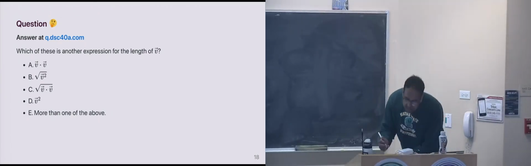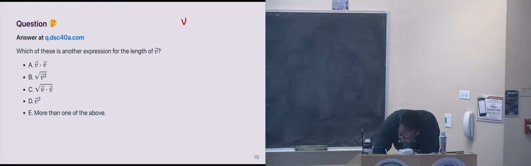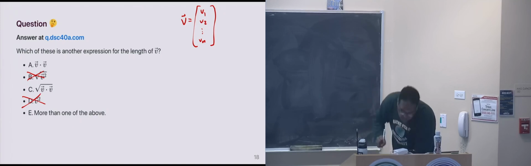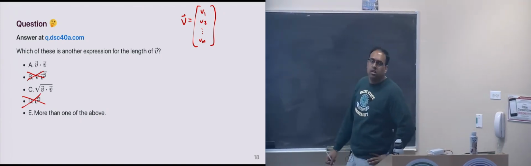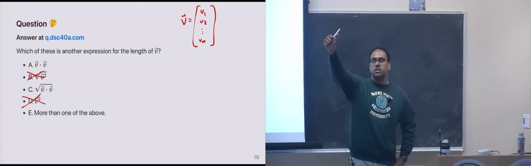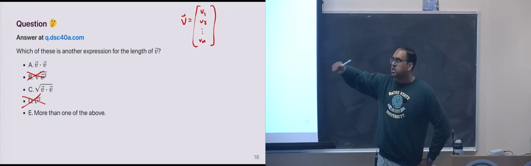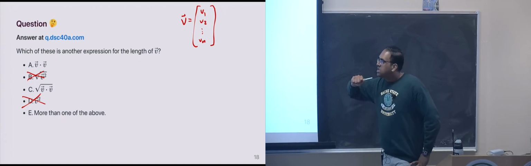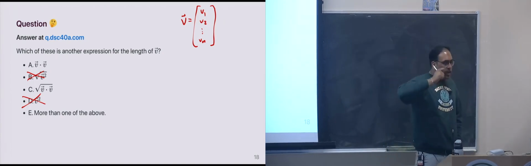So let's write out a vector v here. Right off the bat, we can rule out options B and D. Why? Yeah. If we square v, you can't just... You're on the right track.